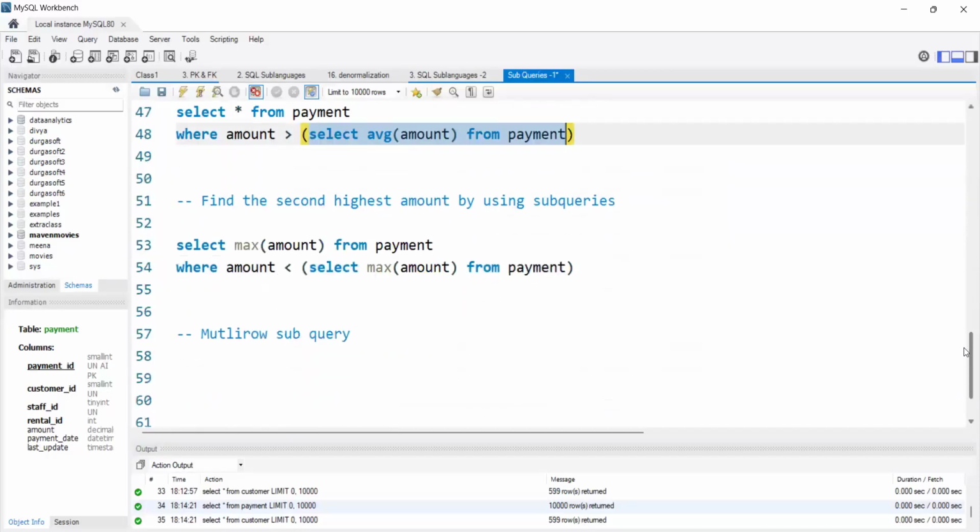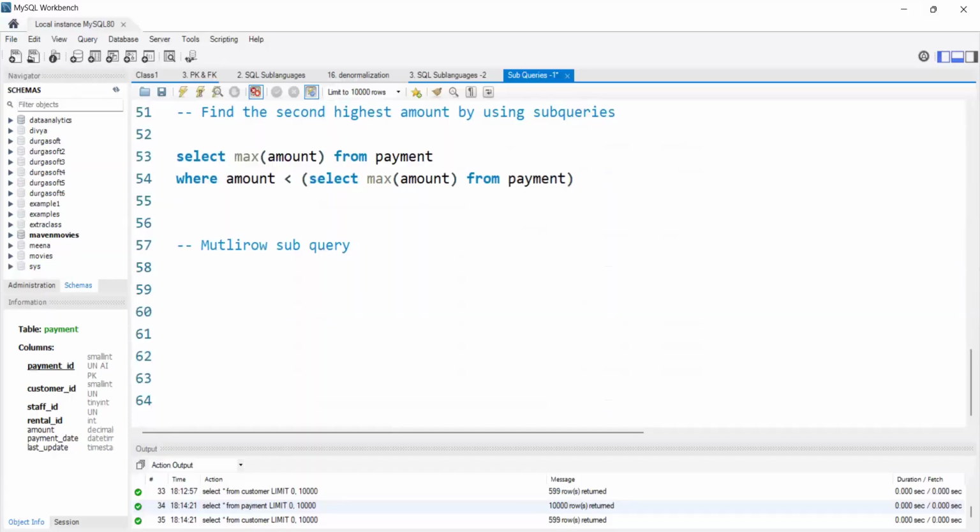In the same way, in a multi-row subquery, the output of the subquery will return multiple rows, exactly opposite to the single row subquery, correct?